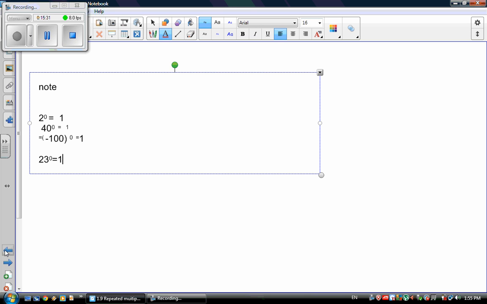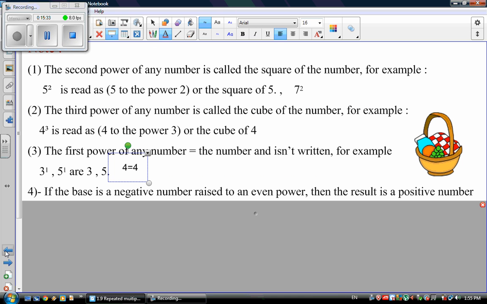Let's move to two important rules. The first one is, if the base is a negative number and this number is raised to an even power, the result is a positive number.